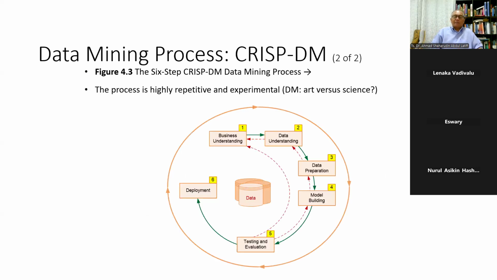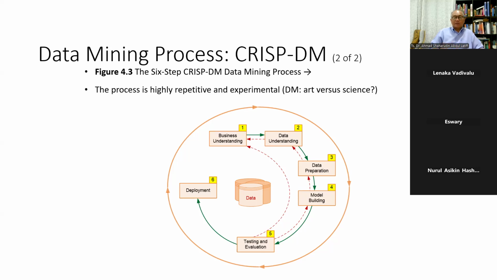Okay, these are the 6 steps, and it is iterative and highly repetitive, experimental. First, we start with business understanding. From the business understanding, you need to understand the data. Then we do the preparation of the data, we develop the model, and then we test the model.